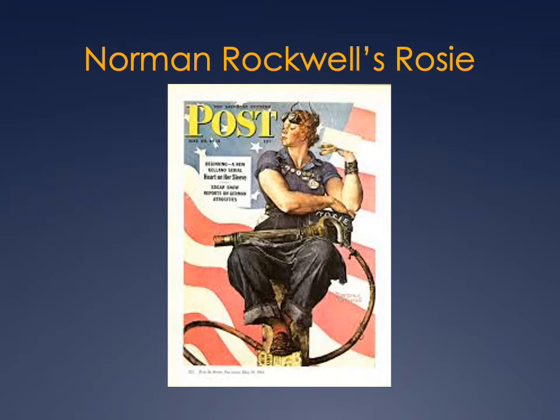We can tell she's patriotic both because of the flag and because her foot, and if you have a better resolution picture, you can see it, her foot is on Hitler's book, Mein Kampf, My Struggle. It was a book he wrote where essentially he laid out his repulsive ideas. And so she's got her foot on Hitler's book, she's got her halo around her head, and what is that in her lap? Well, it's two things.